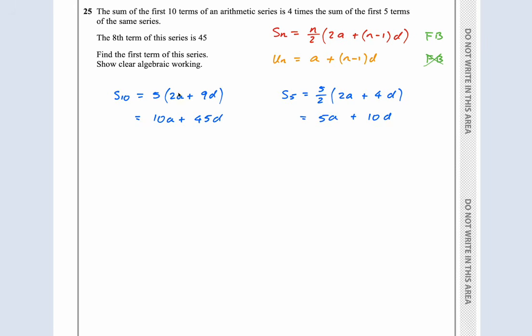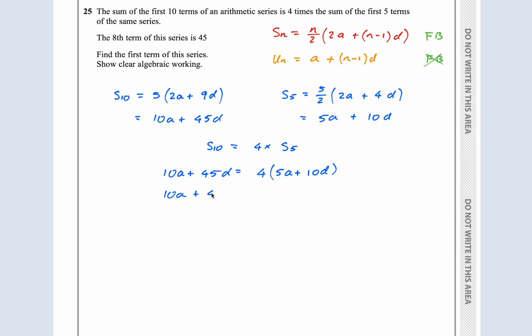Now he says the sum of the first 10 terms is 4 times the sum of the first 5 terms. So let's write it like this: S10 equals 4 times S5. 10a plus 45d is equal to 4 times 5a plus 10d.